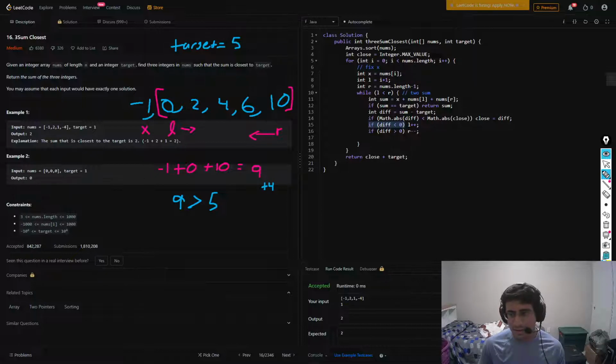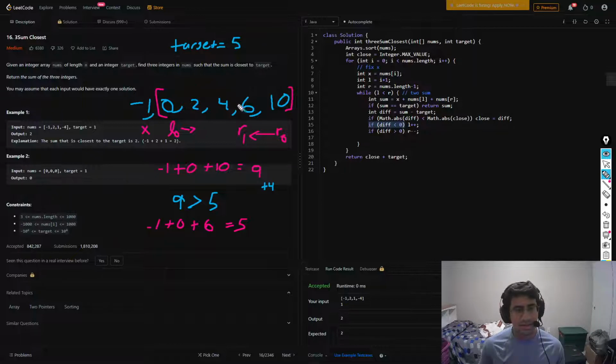So we want to bring R to be here. R1, for example. We'll say this is the initial, and this is the initial. And so now it's brought to R1. So now, when we sum, we're going to get negative 1 plus 0 plus 6, which equals 5. And we are just going to return that 5, for example.